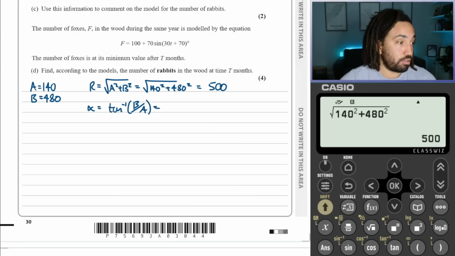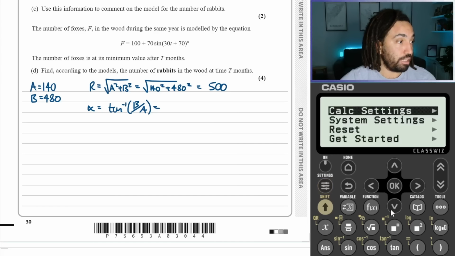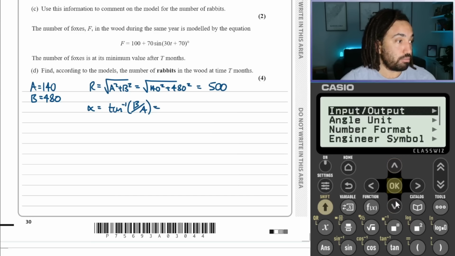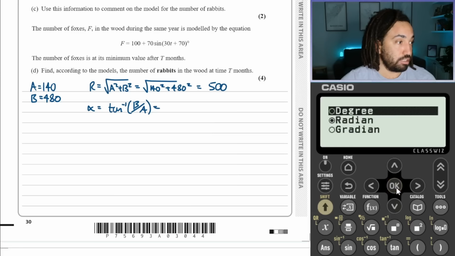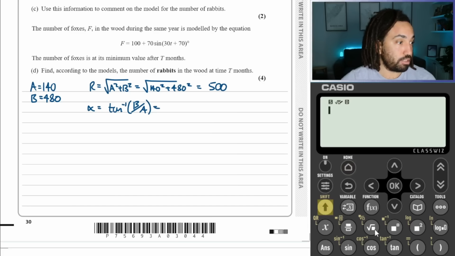So we're just going to go tan to the minus 1. Now, not in radians actually. It needs to be in degrees for this question. So changing into degrees. It's a bit of a faff on this calculator, to be honest. But hey ho, got to get with the times.